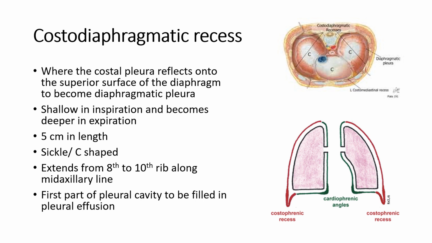It extends from 8th to 10th rib along the mid axillary line, and this is the first part of the pleural cavity to be filled whenever there is accumulation of fluid in the pleural cavity.